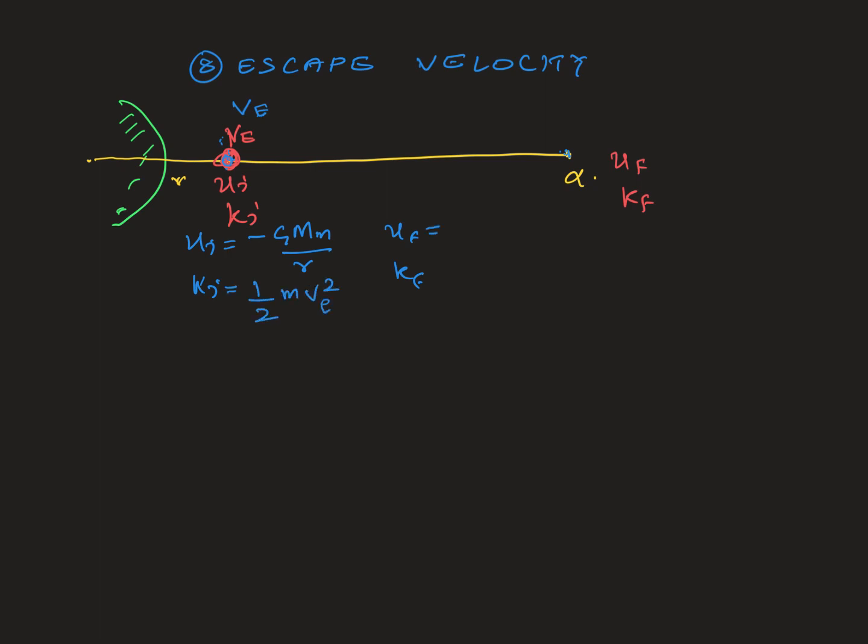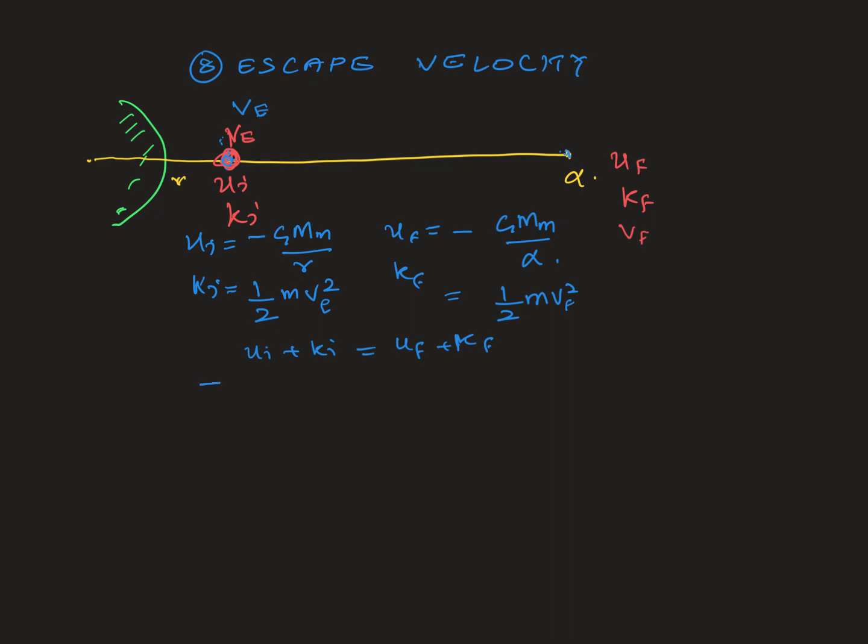And Uf is equal to minus GMm over infinity. And Kf is equal to half m vf squared. So let's write the equation using the law of conservation, which is Ui plus Ki is equal to Uf plus Kf. So now we substitute all the values that we had before.